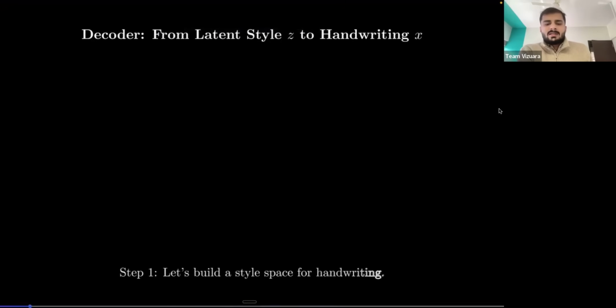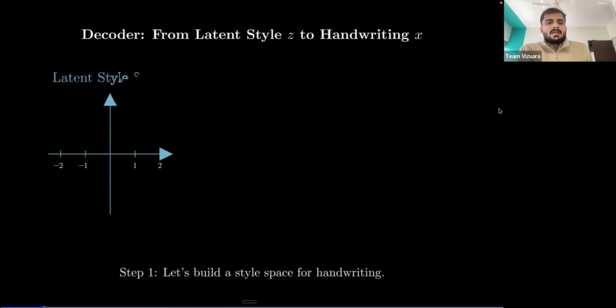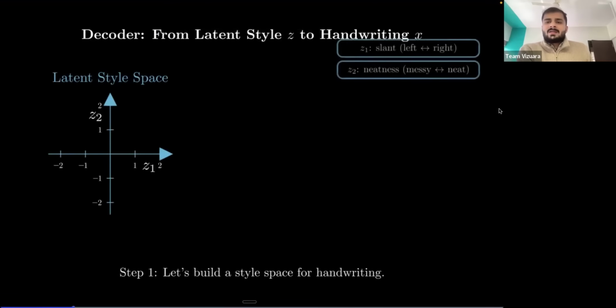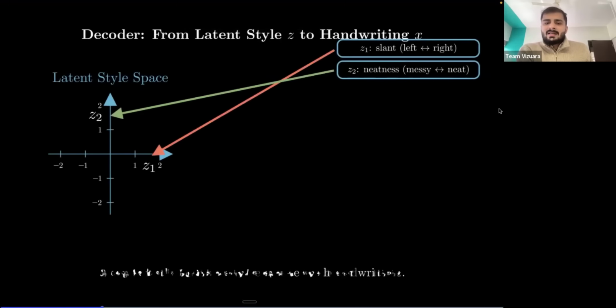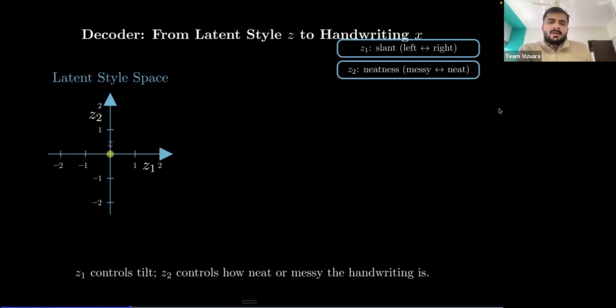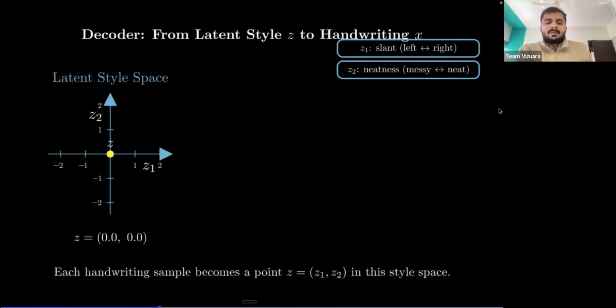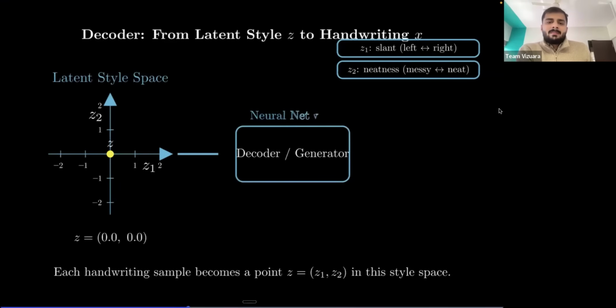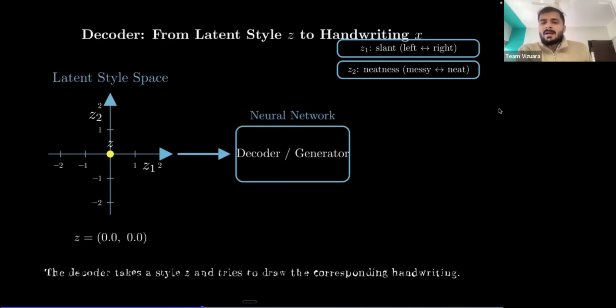Okay, so in this visualization, first of all, we are assuming that we have already done the encoding into the latent space of 2 dimensions, Z1 and Z2. Z1 represents the slantness and Z2 represents the neatness. Now, what I want the decoder to do is take every single sample in the latent space, pass it to the decoder, and bring me back the original image.